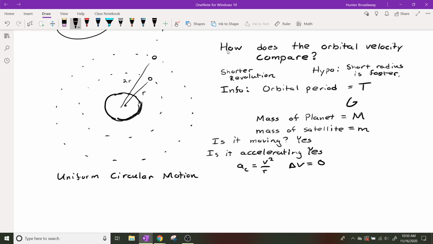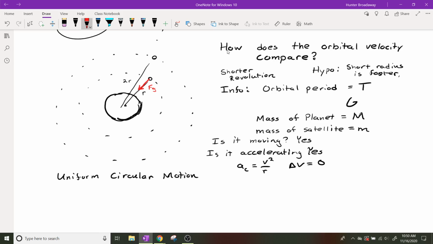So what forces do we have here? There is an acceleration, so there's got to be some force. There is a force of gravitational attraction. If I were to do a force diagram on this object up here, where should I put my force? Like this, F of G. And what else should I have?